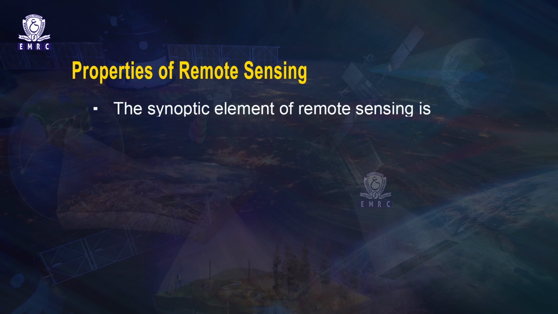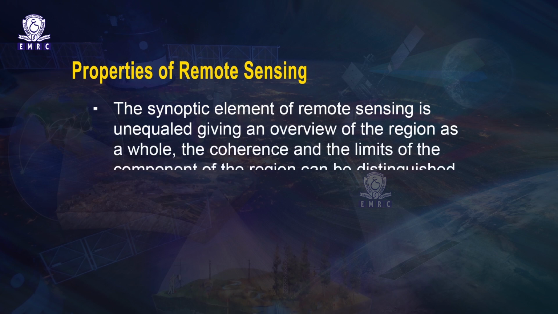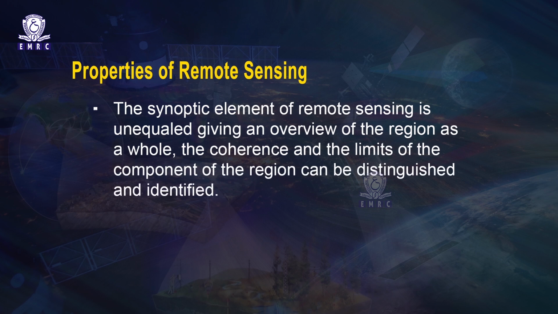The synoptic element of remote sensing is unequaled, giving an overview of the region as a whole. The coherence and the limits of the components of the region can be distinguished and identified. In the past, this coherence could only be derived from theoretical consideration or conjunction from other data.